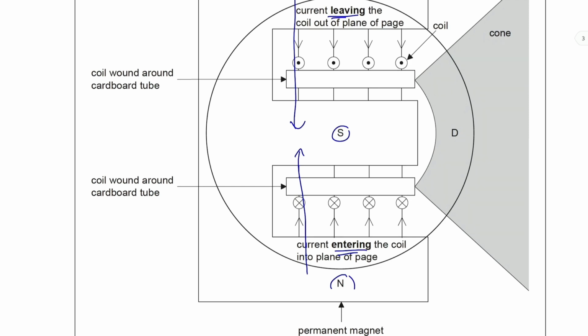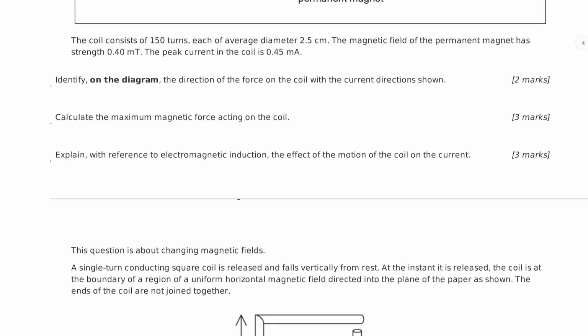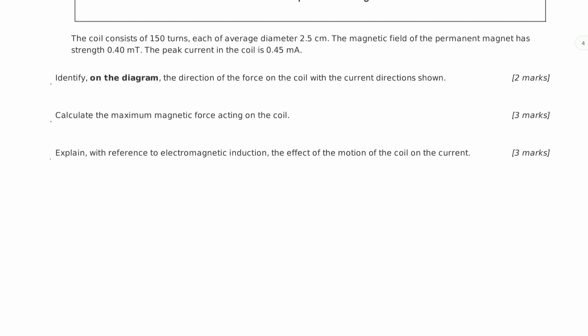The coil consists of 150 turns. Let's pop our data down. We'll go back to the diagram in a second. N equals 150. Each of average diameter, so the diameter is equal to 0.025 meters. That means the radius of this coil is 0.0125 meters.